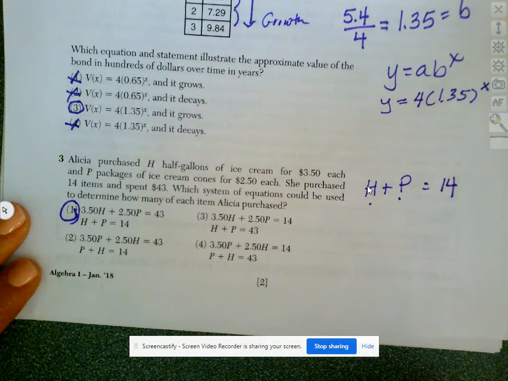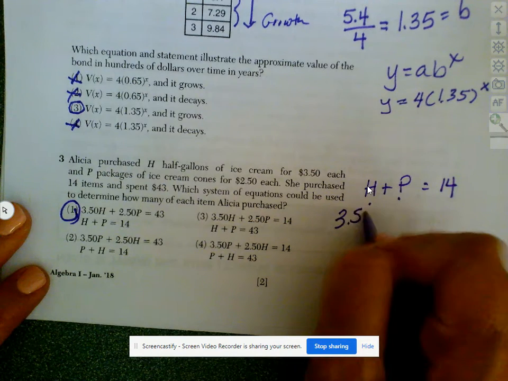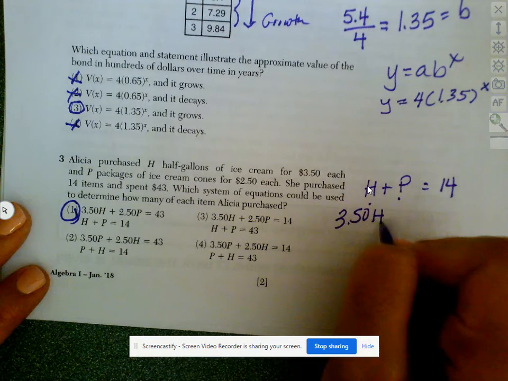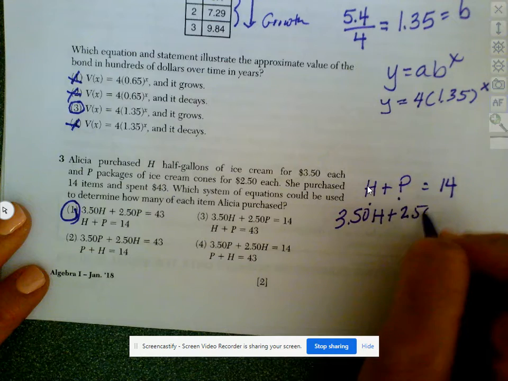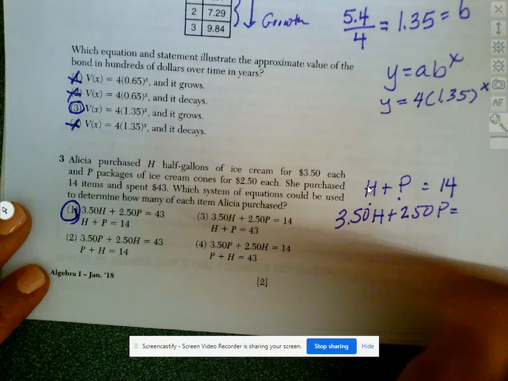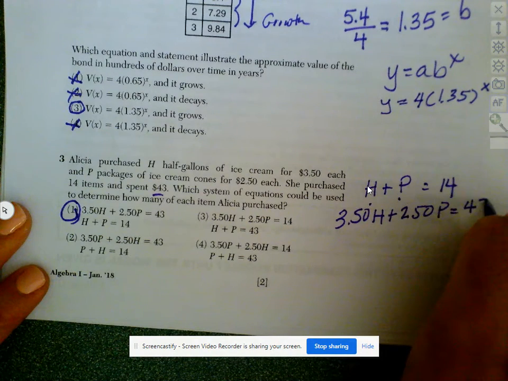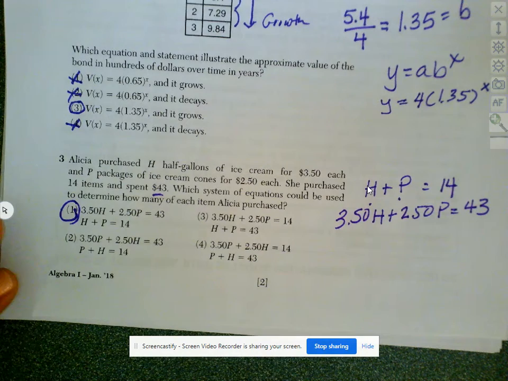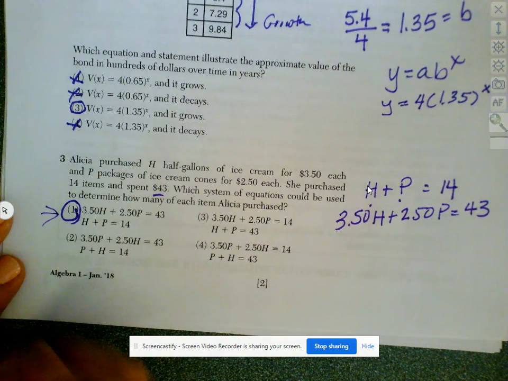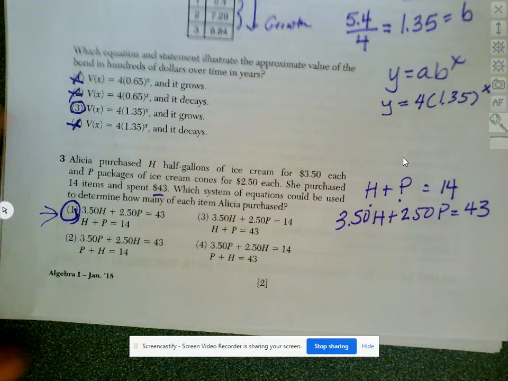Then we had the money. We had $3.50 with the half gallon plus $2.50 for the pint, and it equaled a total of $43. So we look for which one matches this, and we see choice 1 does. So that makes it nice and simple.